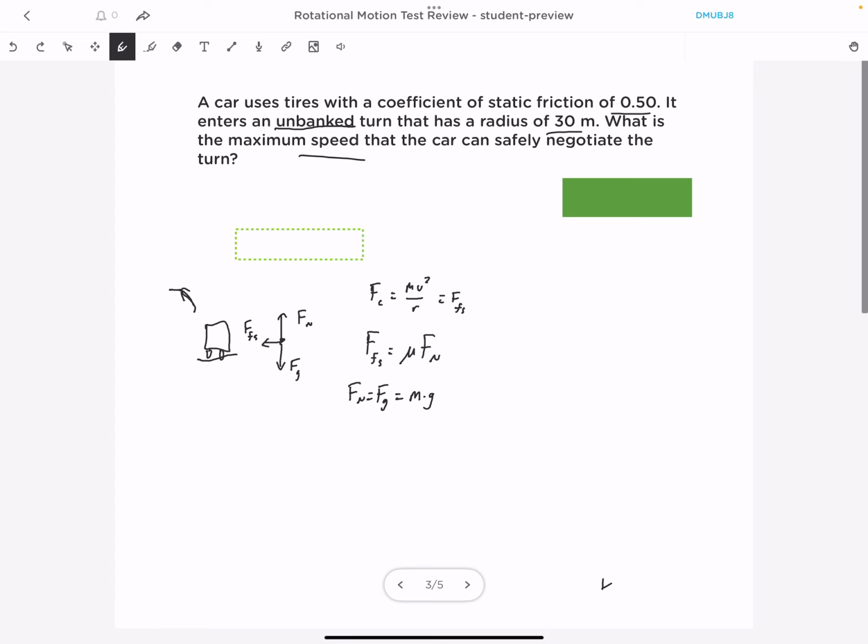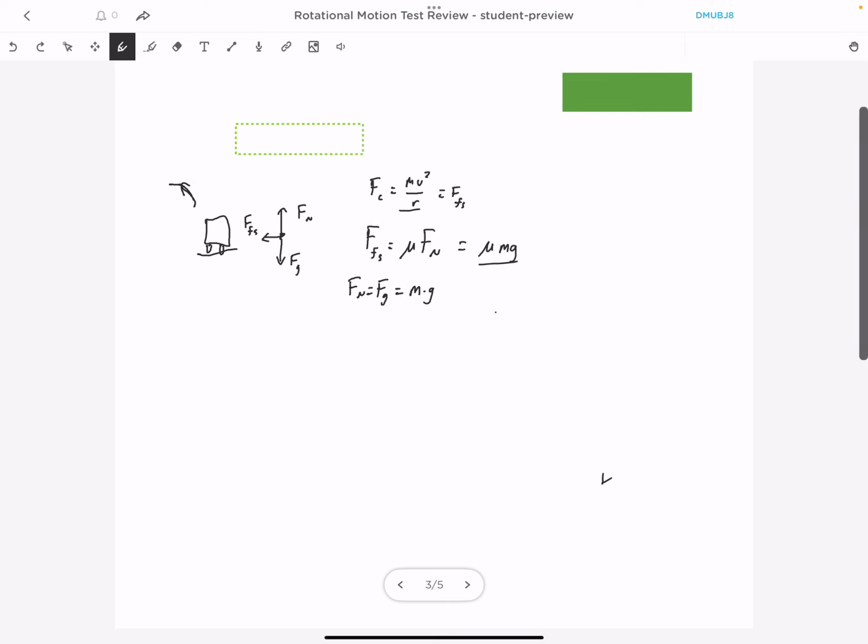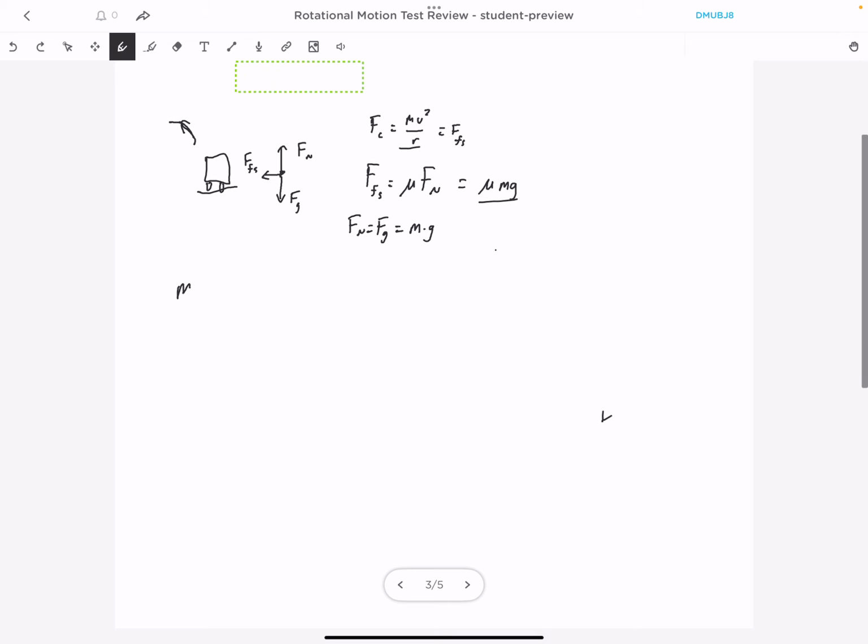Now I'm going to put all these expressions together. So solving for static frictional force, I know that's equal to mu times mg. And now I'm going to set this mu mg equal to the centripetal force. So let me make some space here. So I have mv squared over r is equal to mu times mg.